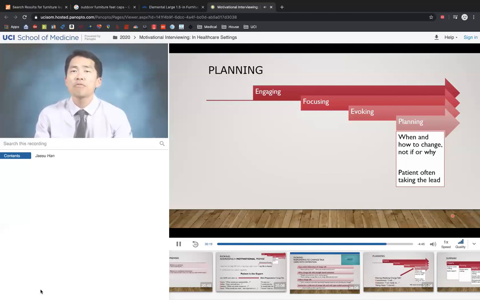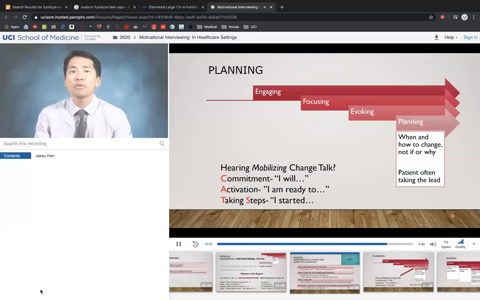What are we listening for that would allow us to know that the patient is ready for planning? So this is what we call the so-called mobilizing change talk. And this is commitment, activation, or taking steps, or what we also call CATS.